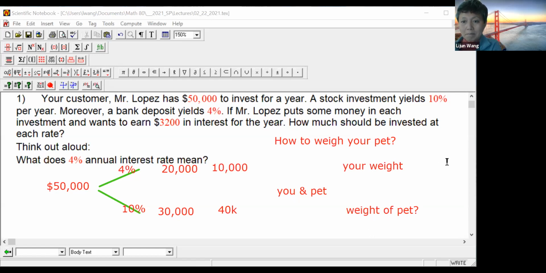Right? You guys see that? You weigh you and your pet, and so that is the total weight of the two of you. And then you weigh yourself. So you're going to take this amount, the weight of you and your pet, subtracted by the weight of yourself, and you are going to get the weight of the pet.